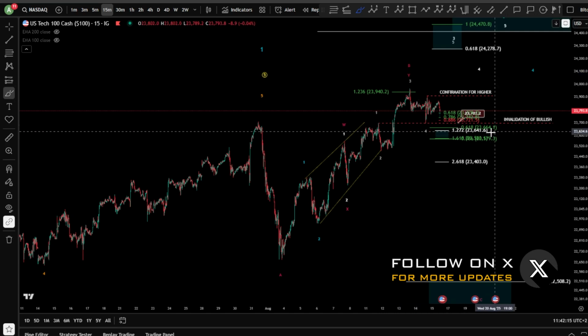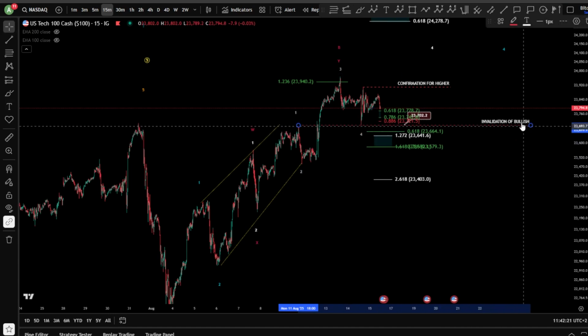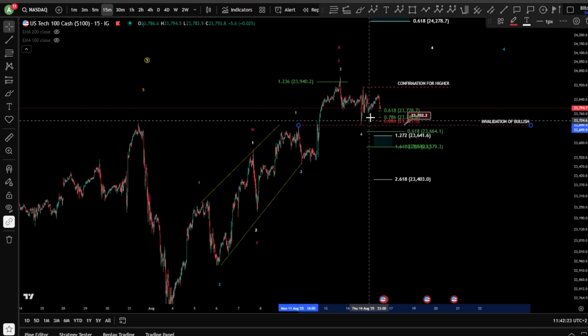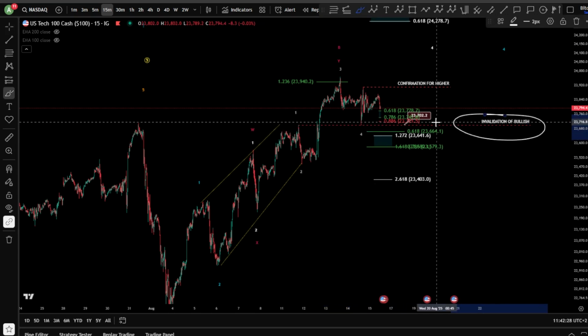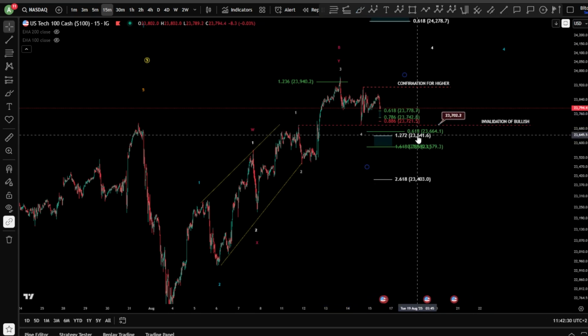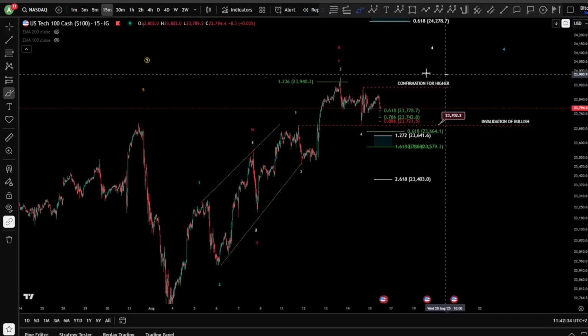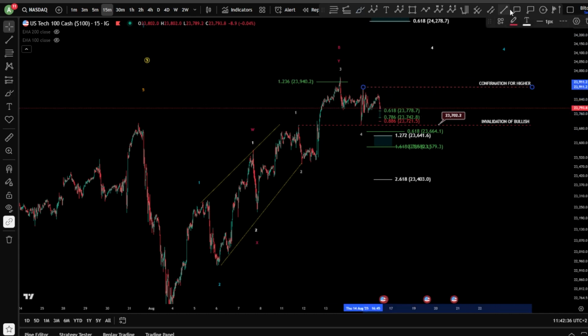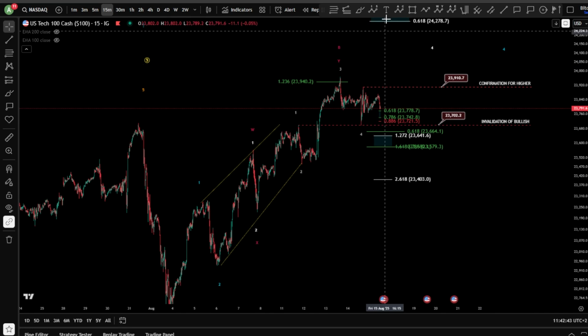All right, so let's watch the key levels here. Your key level as well: you want to break the invalidation of bullish totally. You want to see a decisive move to the downside, breaking this 23K700. And in case we don't and we bounce from there, you want to take this high, which is exactly at the price $23K910.